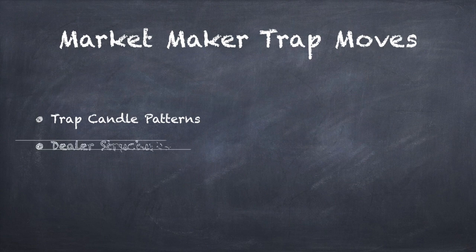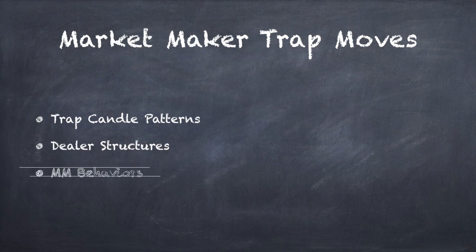The second is the dealer structure: what is the market maker structure that can help you identify these trap moves, so that you can understand what they are doing. And the third is to understand market maker behaviors. If we know their behaviors, that gives us the edge we need to trade in line with them and not against them.